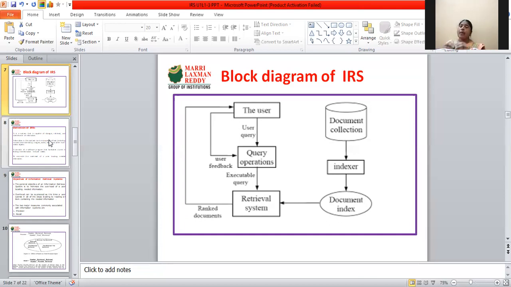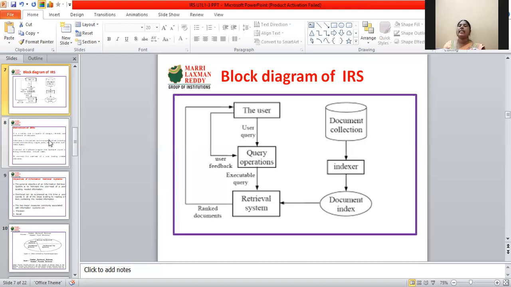The data is already pre-processed and already collected. In this collection, the indexer maintains some document indexes. The information retrieval system links to the documents, and the user query accesses the relevant data.